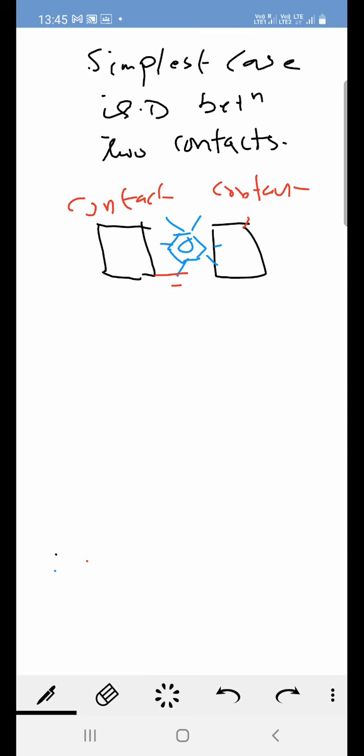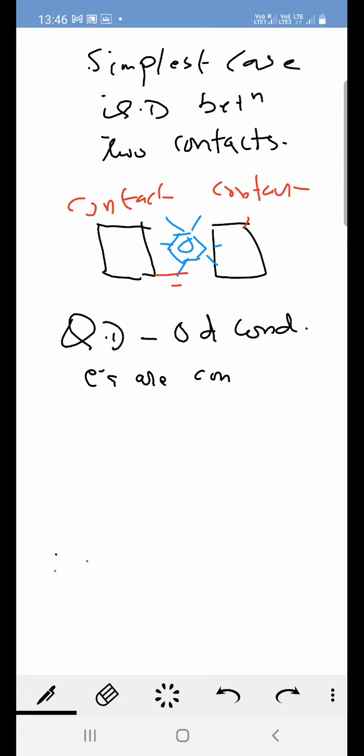Now we all know that a quantum dot is a zero-dimensional conductor, and zero-dimension means the electrons are confined in all directions.